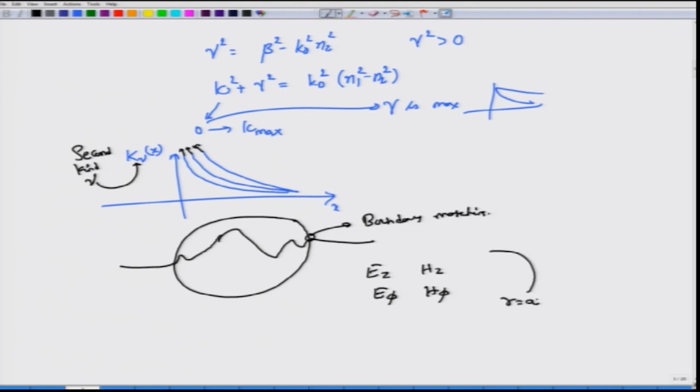So, these solutions K nu of x also have an asymptotic form. For large values of x they go something like 1 by square root of x. Therefore, at x equal to 0 clearly this is going off to infinity, and then they decay with some constant gamma times x.